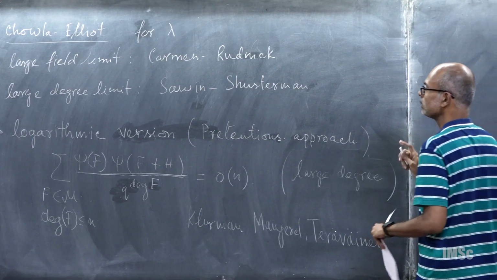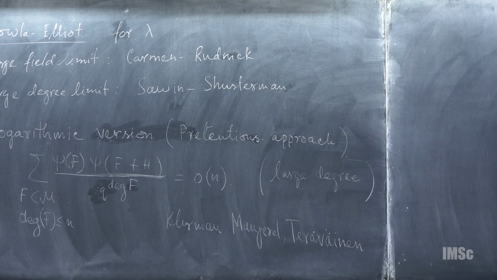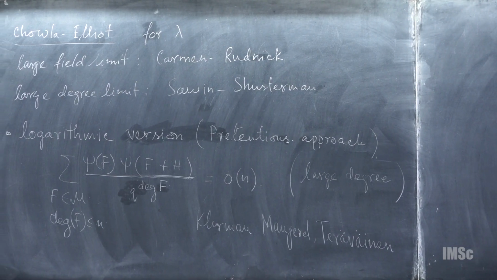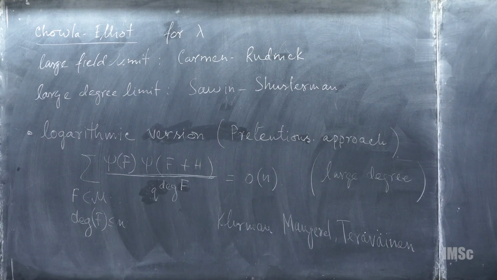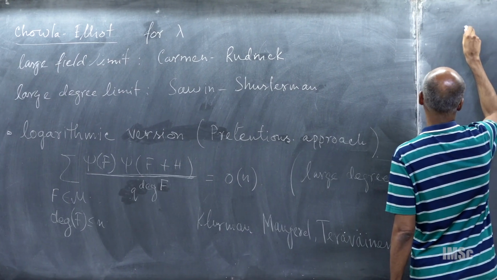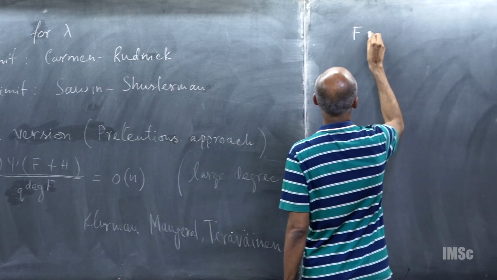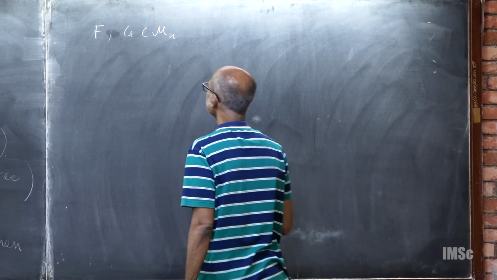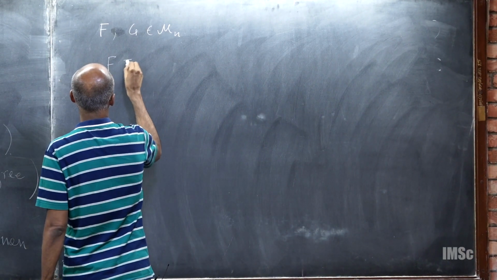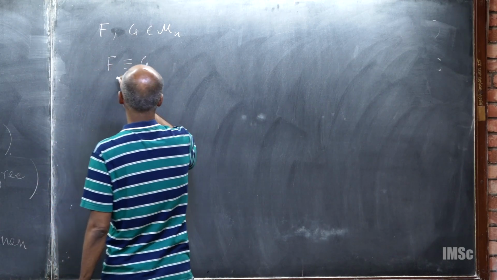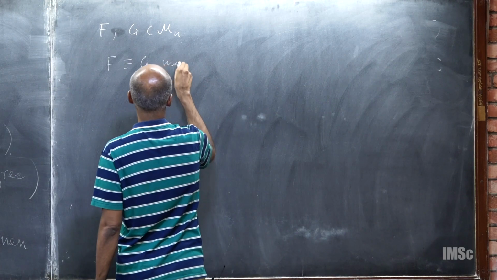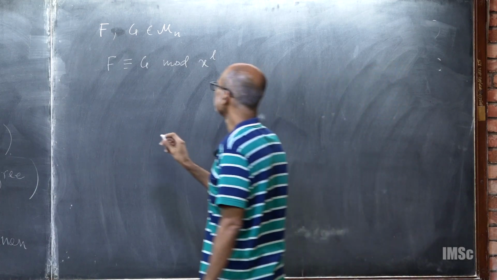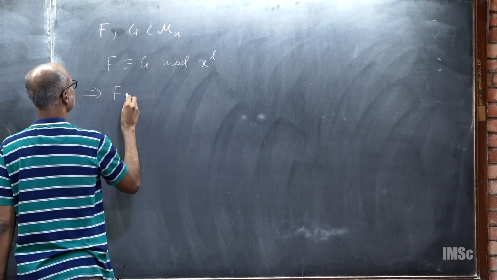There is something to be observed. There we had the Dirichlet character. Dirichlet characters are essentially a detector for arithmetic progressions, but here the situation is different. If you take two polynomials f and g which are monic of degree n, with the condition that f and g are congruent mod a single power x to the L, then what does that mean?